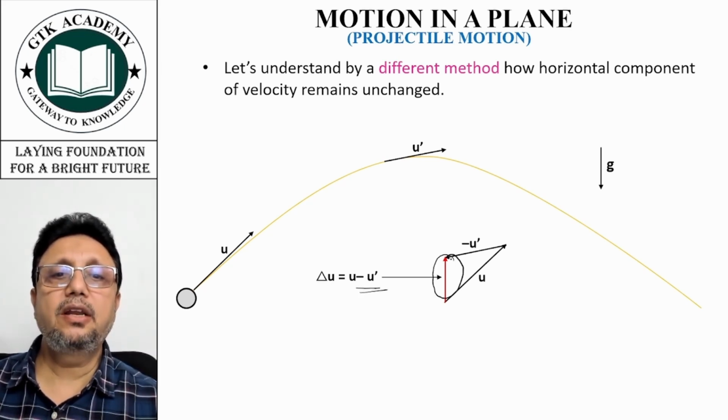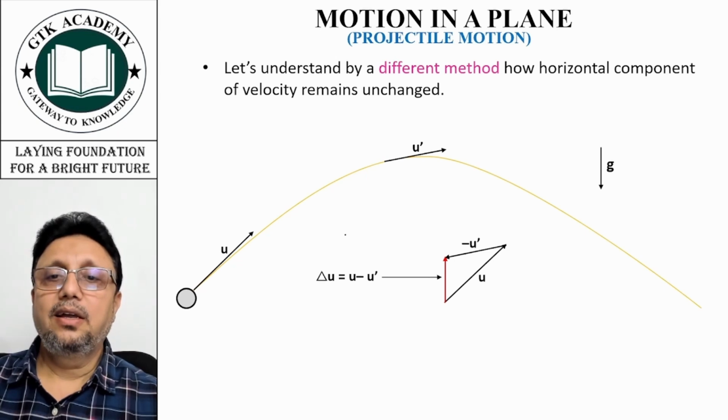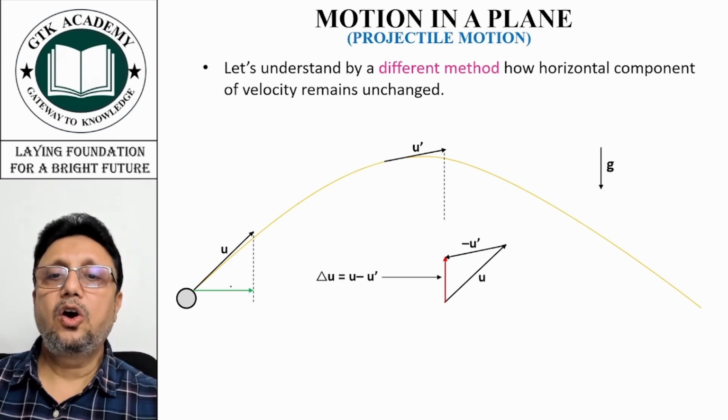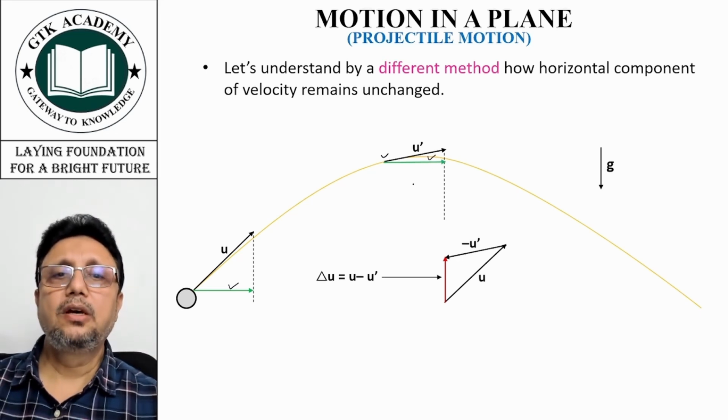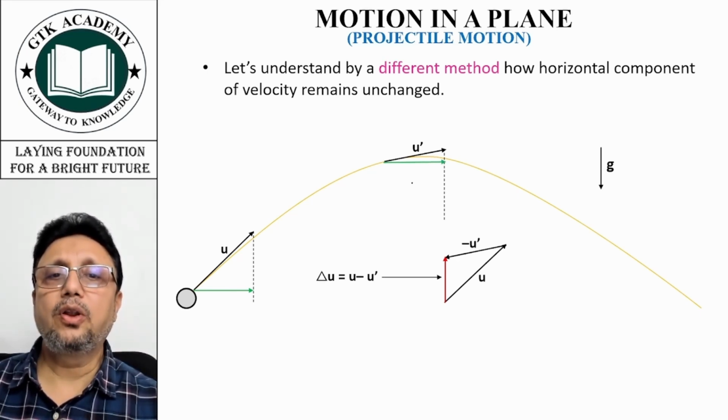Now just see here, when it is started, it has a horizontal component in green color. At this stage, this remains the same. There is no change in the horizontal component of velocity.